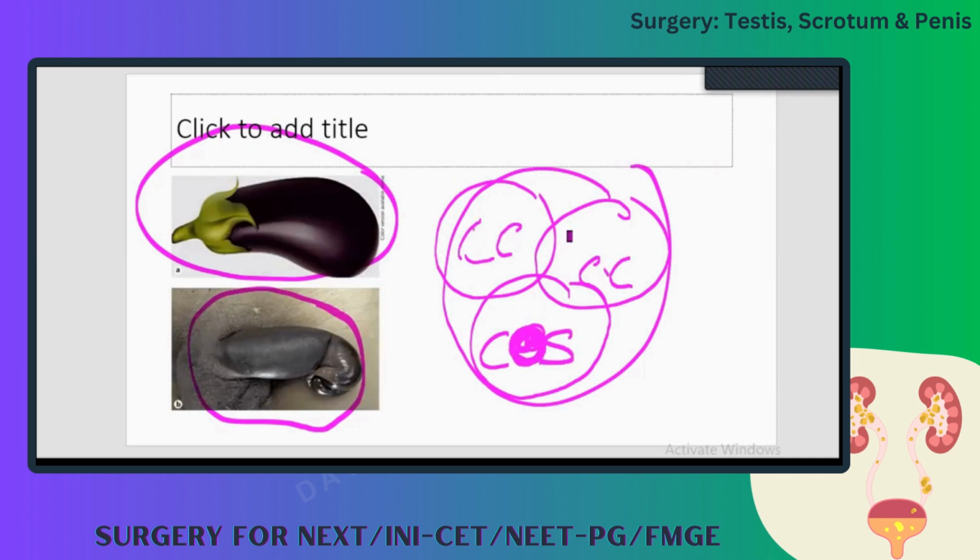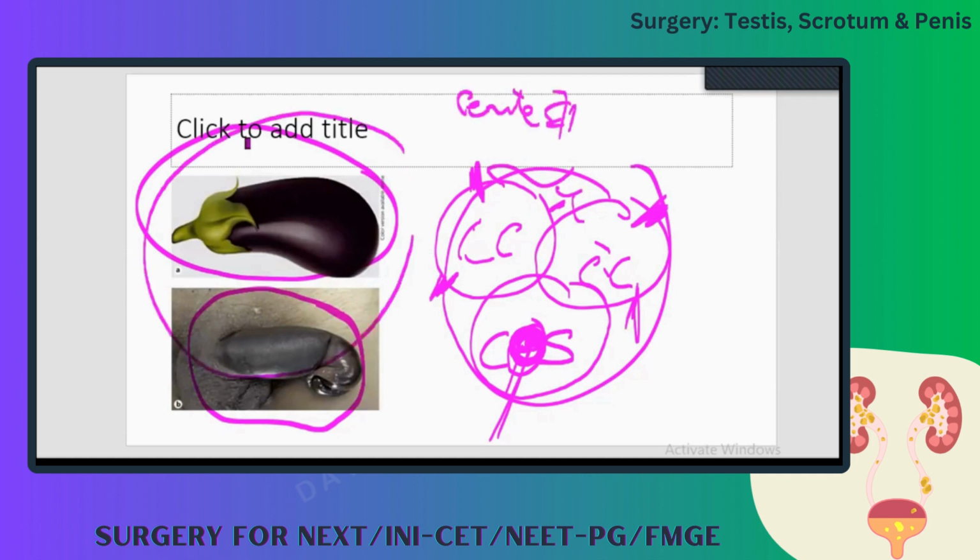Corpora cavernosa will have the blood sinuses. Whenever there is erection, the two cavernous sinuses will be filled with blood. Then only there will be erection. And the corpus spongiosum has the urethra, so urine will come through it. Once the corpora cavernosa walls get breached, there will be seepage of blood here. This is known as penile fracture. This is the classic eggplant deformity.